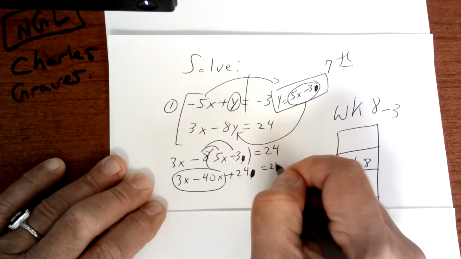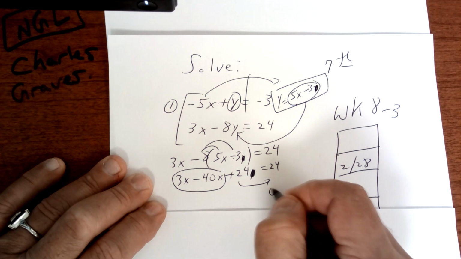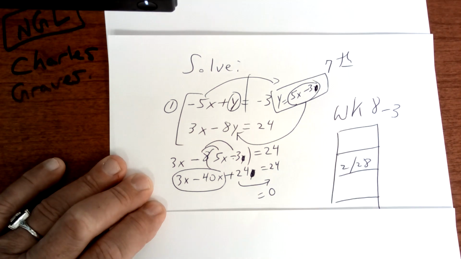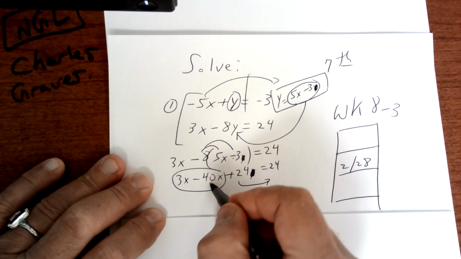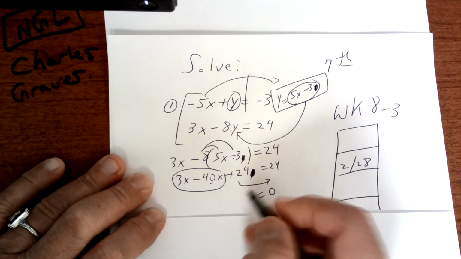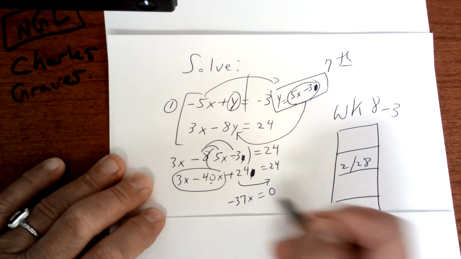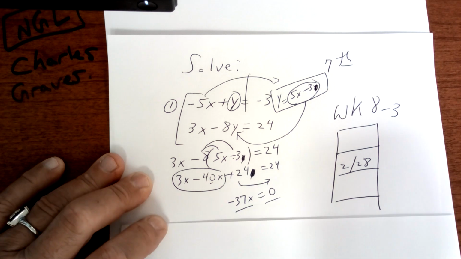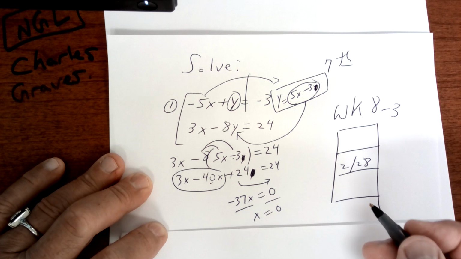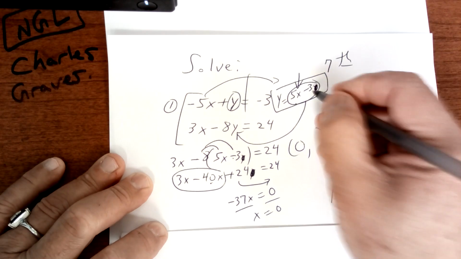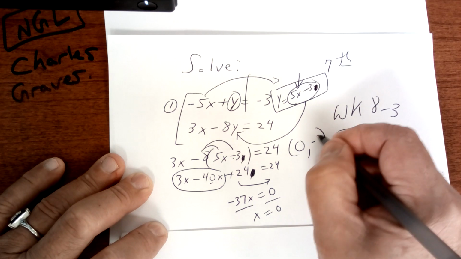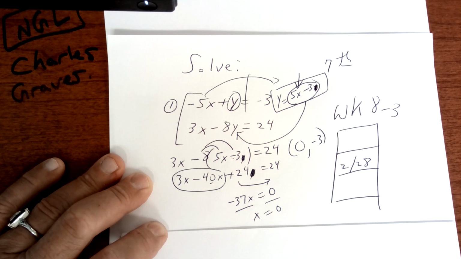And so what you're going to do is subtract 24 and get 0 on that side. And this right here gives you, it looks like a -37. When you divide, you get 0. So you're going to get x is equal to 0 on this one. And then you're going to put your 0 here and get -3. And that should do it. And you can check it and verify it. And we'll work it again if we need to.